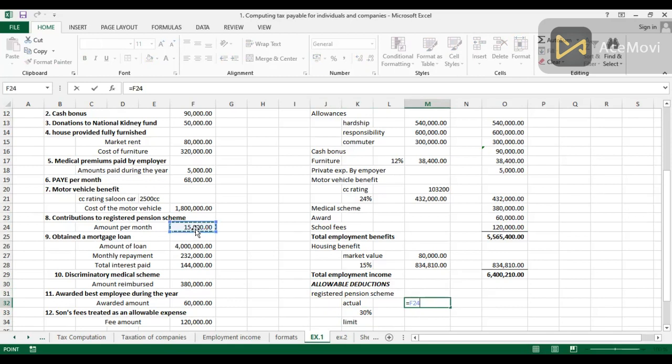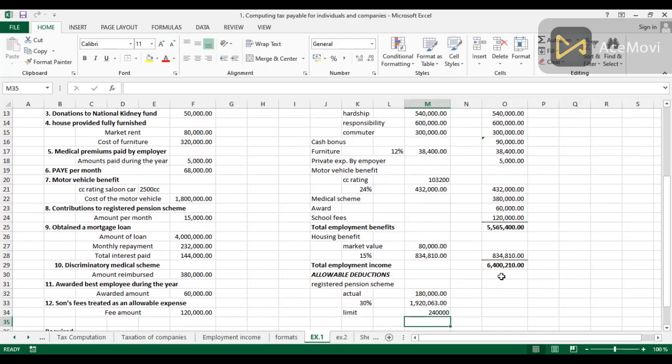So 15 times 12, enter. Then 30 it will be equals to this 30 times this one here. Then the limit is 240. 1, 2, 3, isn't it? So here we look for the lowest under allowable deductions. So we will take this one, and I will take it as a negative because being allowed out, isn't it?